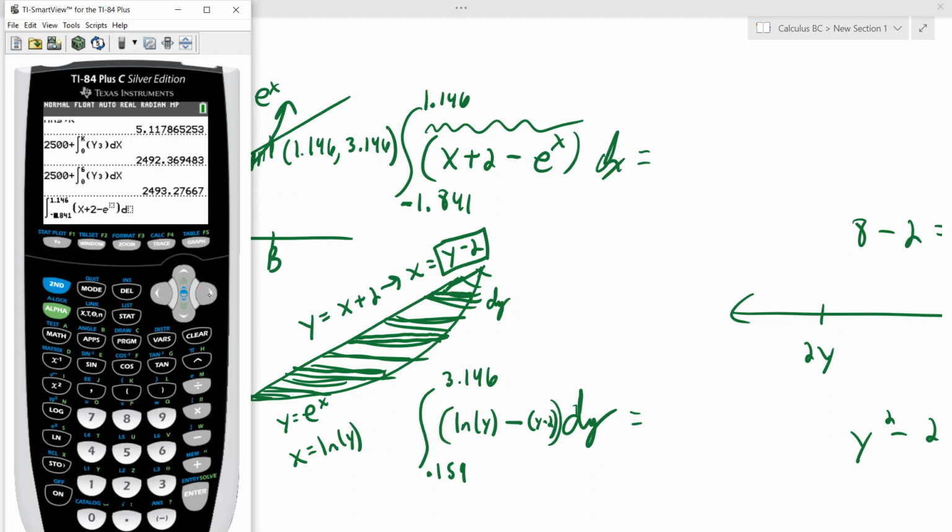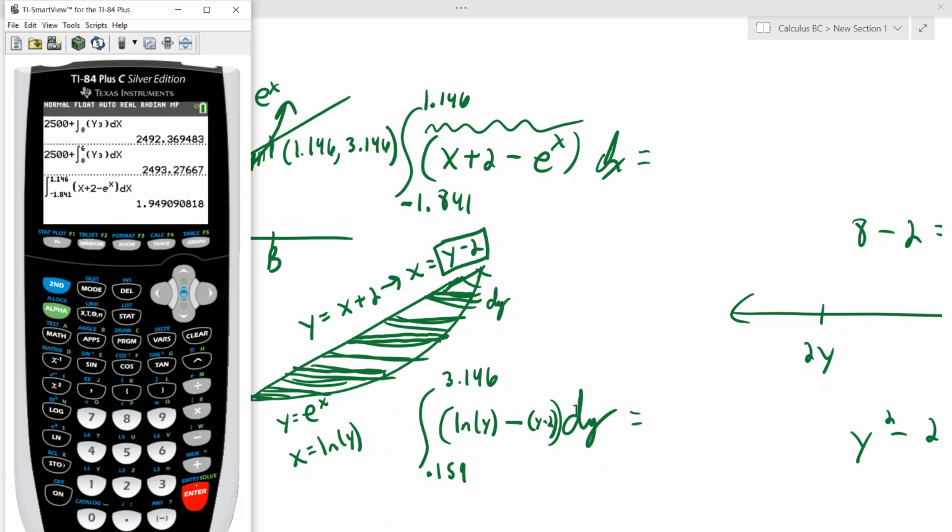Oh, this is so cumbersome with all this stuff on here. Okay. How about that football game last night? Pretty good, right? So x. There we go. Boom. The area in there is 1.949.